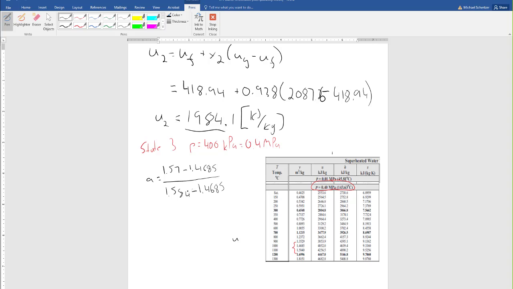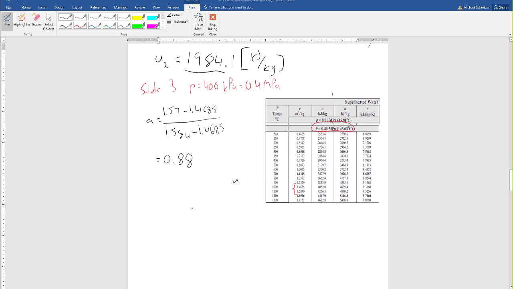Minus 1.4685, divided by 0.4685. Here I got 0.88. So now I'm going to turn that around, right?